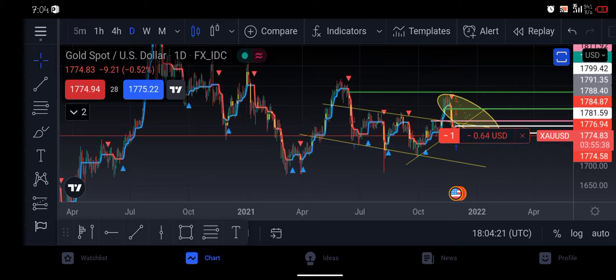There are two categories of Wyckoff: accumulation or distribution. Under accumulation there's also re-accumulation, and under distribution there's also redistribution. But the main points to know are accumulation and distribution.